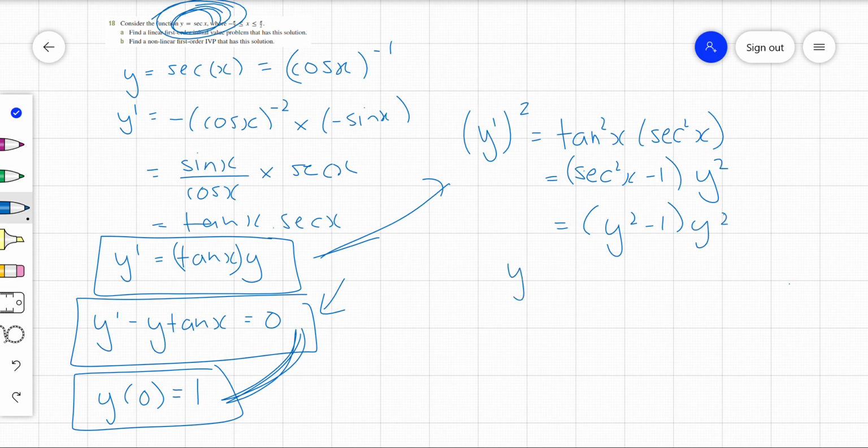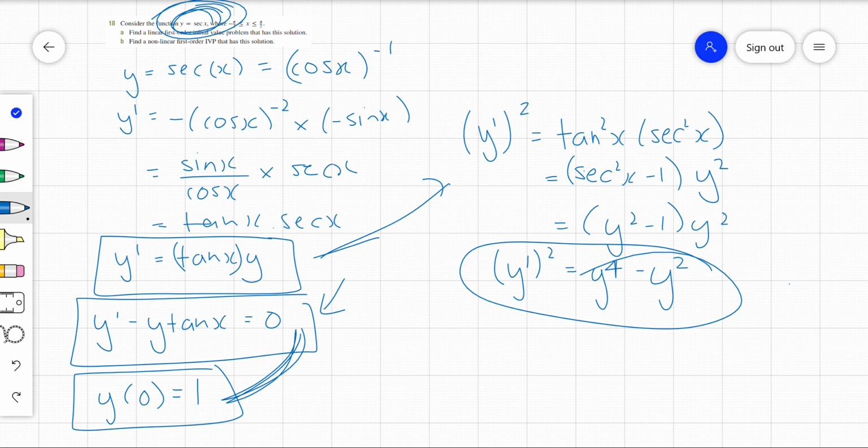So here we've got y dash squared is equal to y to the power of 4 minus y squared. I could put it all on the other side, I don't really need to, but that's our then non-linear first order.